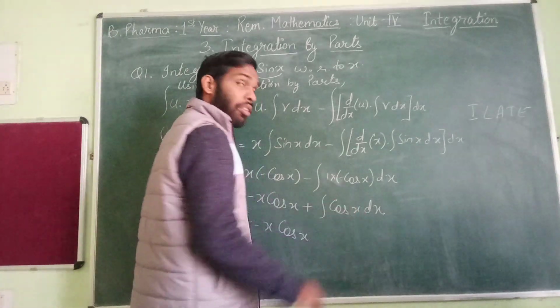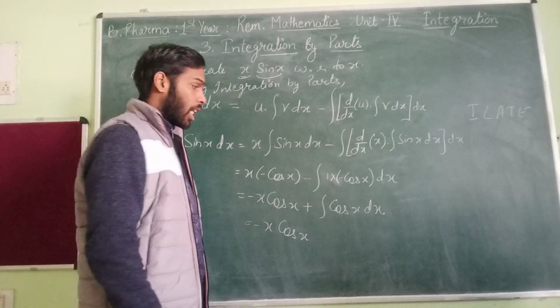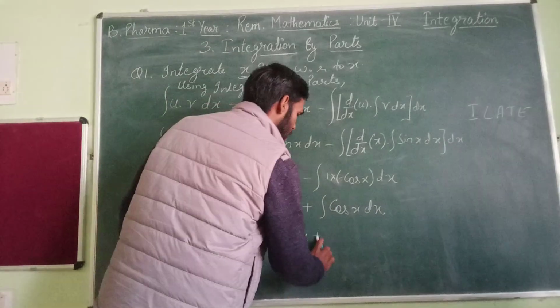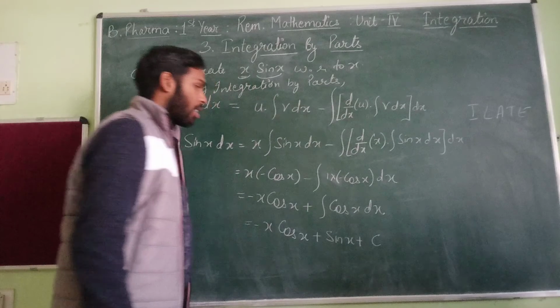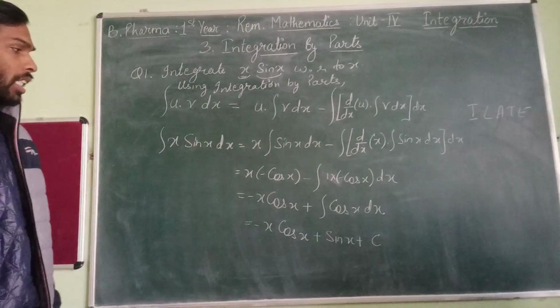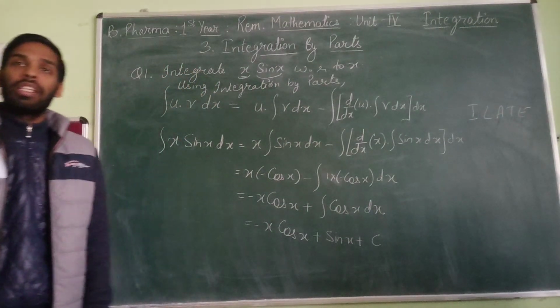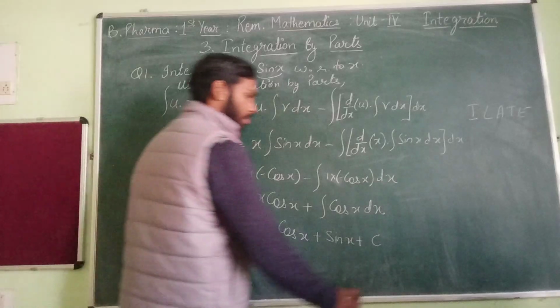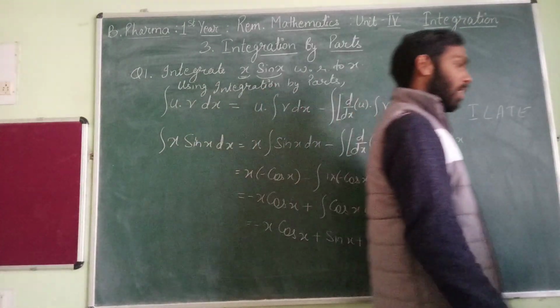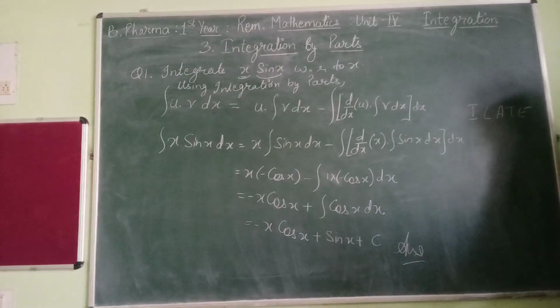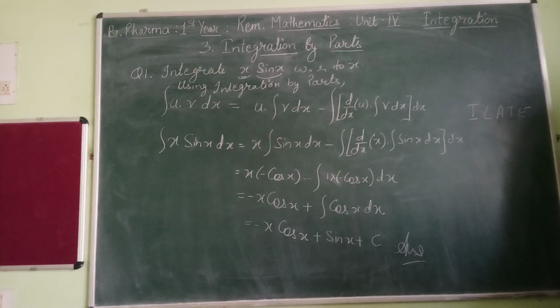Now, what is the integration of cos x? That is sin x, plus c. So this is our answer: minus x cos x plus sin x plus c. This is the integration of x sin x.